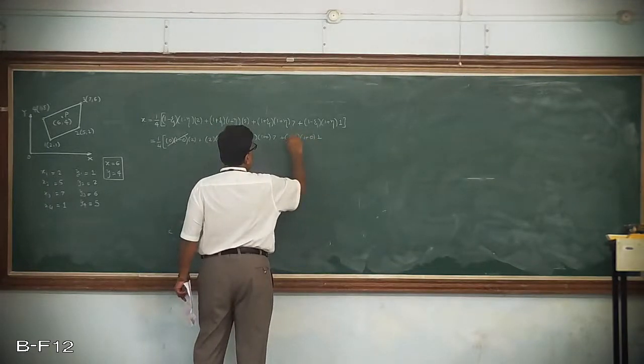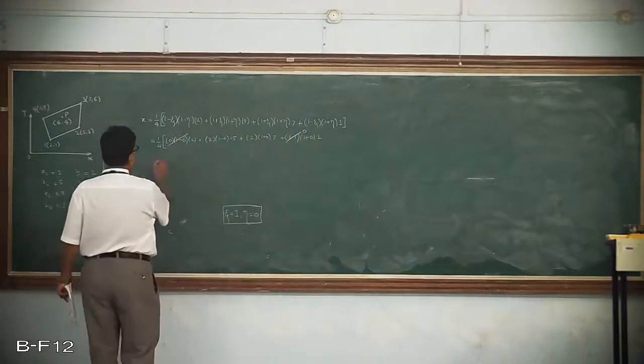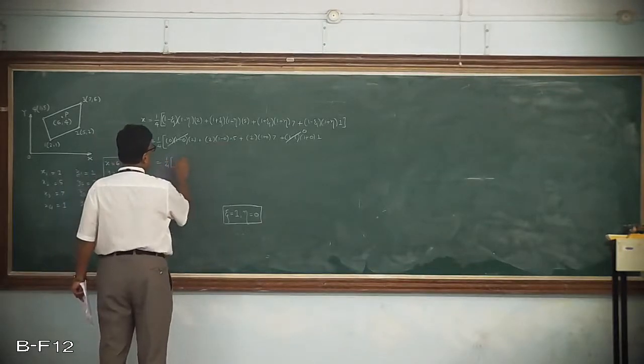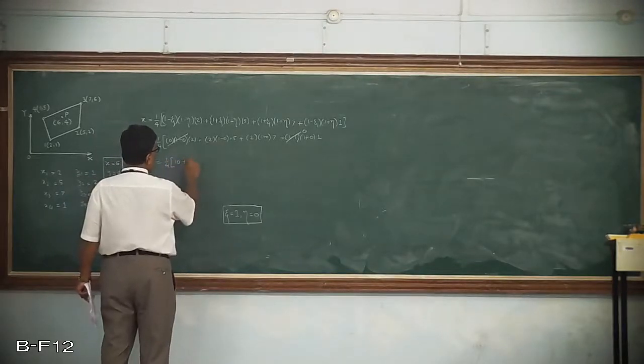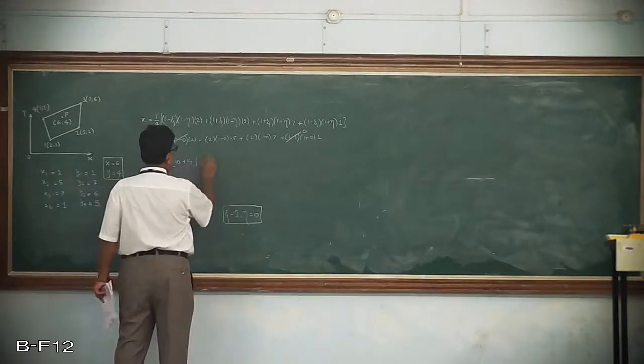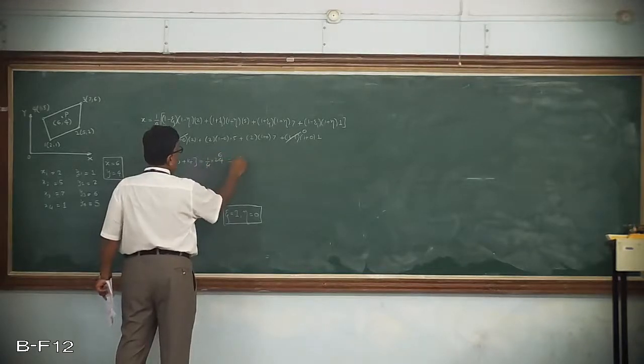So this is also 0. So that is also gone. So finally what is remaining here is 1 by 4 into bracket 5 into 2, 10 plus 14. So this is going to be 24. 1 by 4 into 24. So this answer comes 6.